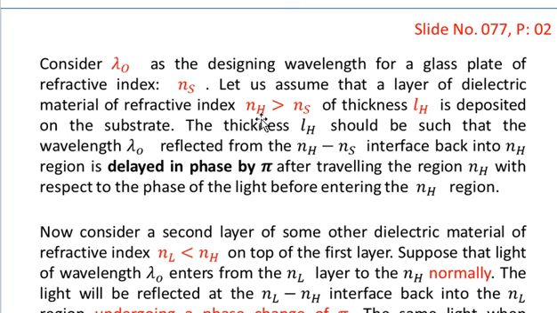So when that light gets back into the NL material, it would have undergone a phase change of pi due to the distance it has traveled in the material of refractive index NH. So phi 1 is equal to pi, and similarly phi 2 is also equal to pi. So these two lights which have undergone the same phase change will interfere constructively, and due to constructive interference the intensity will increase.